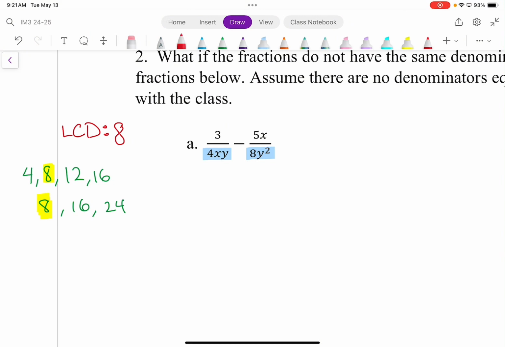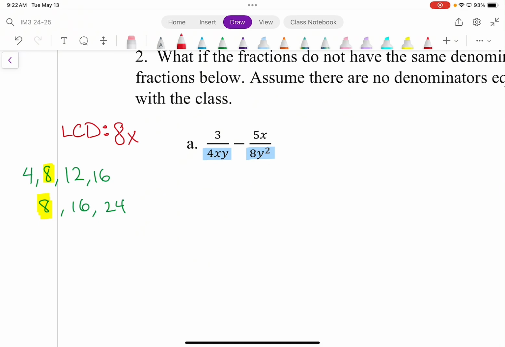Now let's look at the variables. What does the first denominator have, variable-wise, that the second denominator doesn't have? It has an x, so we need to include that. Same question, but now I'm going to pose it differently.